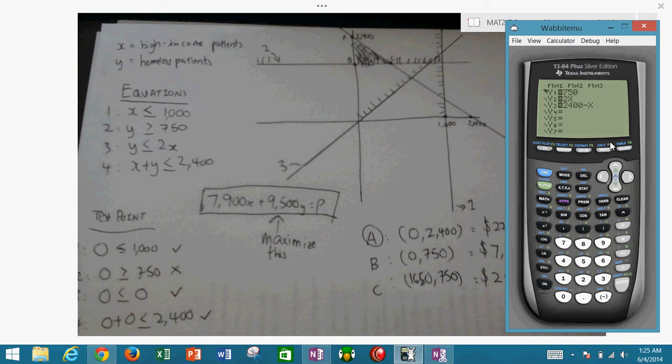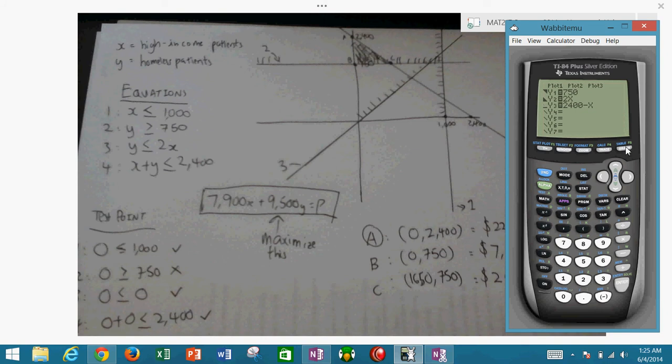If I want shading down, I keep hitting enter until I have shading down. This one here would be y is less than, so it'd be shading down. Now the calculator will shade for me which way we're supposed to be shading.